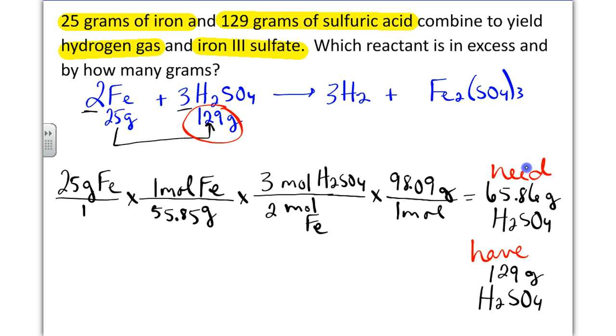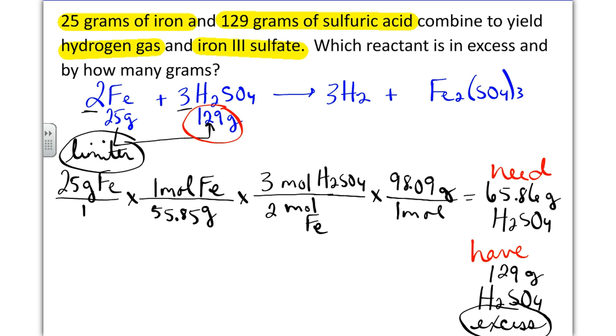So we're going to do a comparison of these. Since I need 65.86 grams, but I have more than enough, I have 129 grams, that means that my sulfuric acid is my excess, which automatically means that my iron here is my limiter, my limiting reactant.